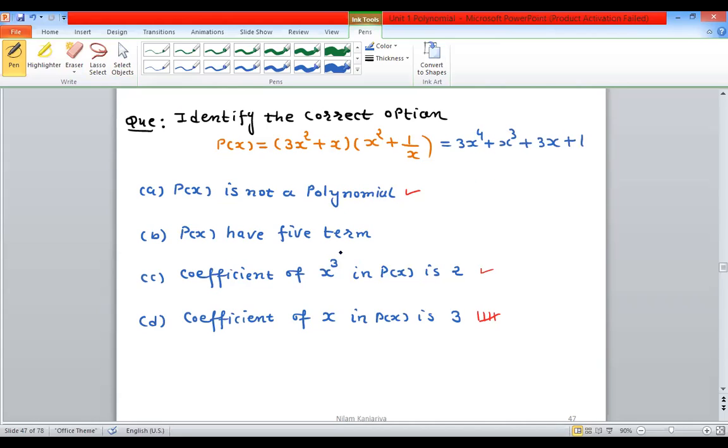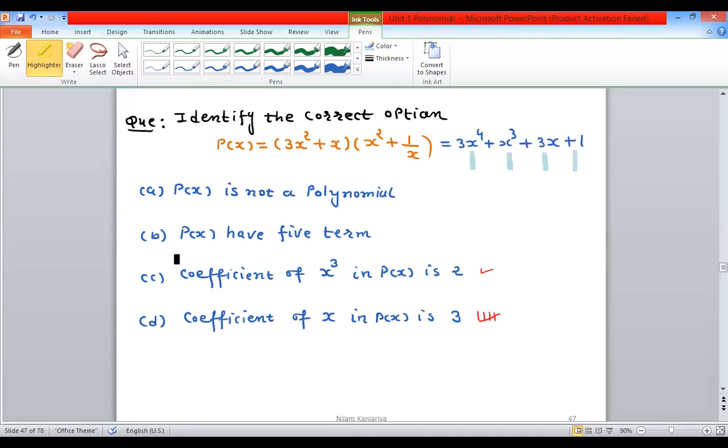Now tell me, Calvin, this is not a polynomial, is it? It's a polynomial, so the first option does not satisfy this condition. The second option says it has 5 terms. Count how many terms it has: 1, 2, 3, and 4.